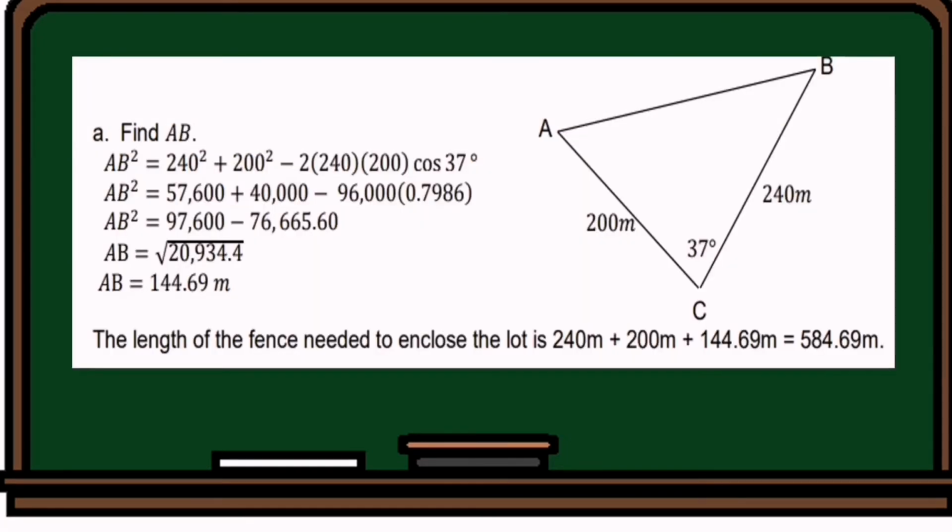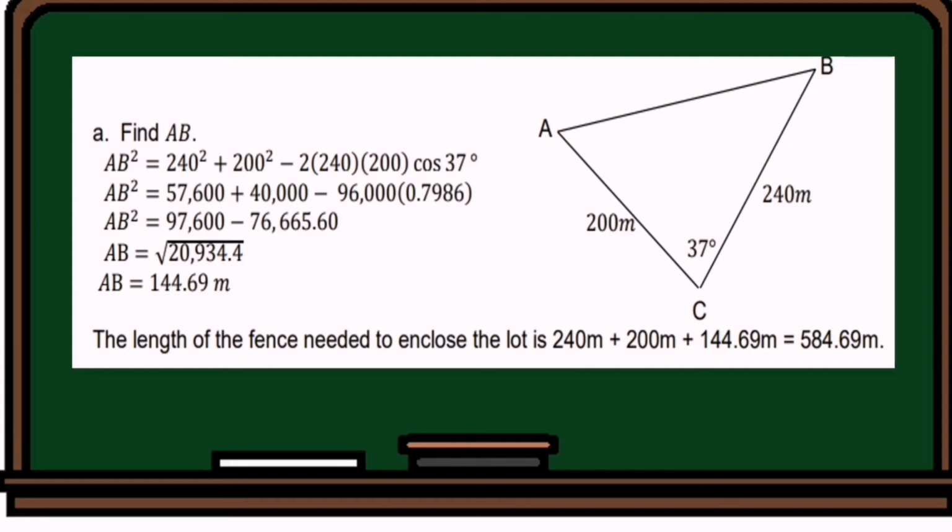The law of cosines. If you look at the figure at the right, there is given information that we can use to solve this problem. We will substitute the given in the law of cosines. And that's why we will get AB squared is equal to 240 squared plus 200 squared minus 2 times 240 times 200 cosine 37.